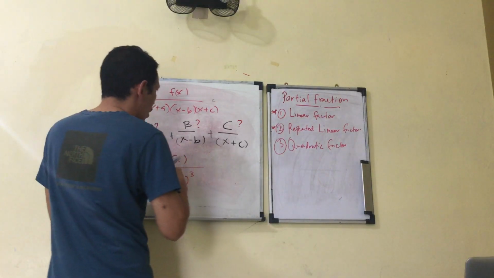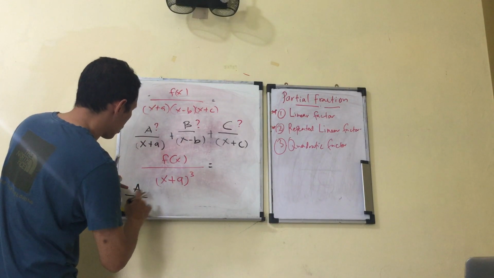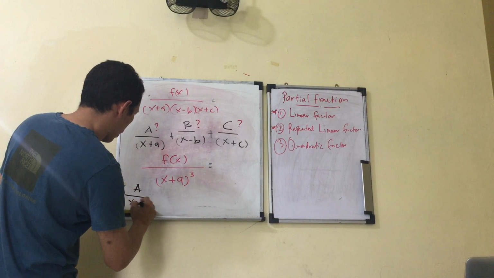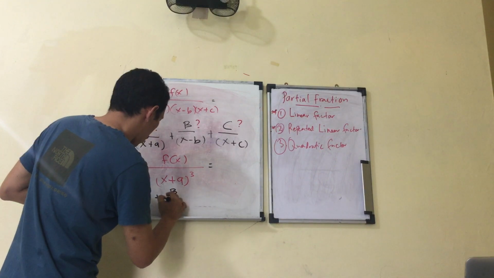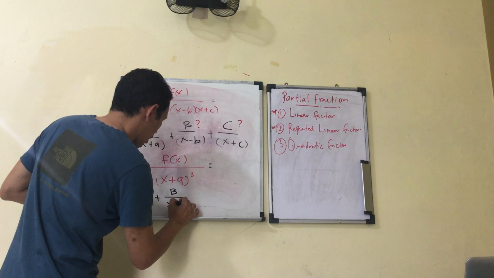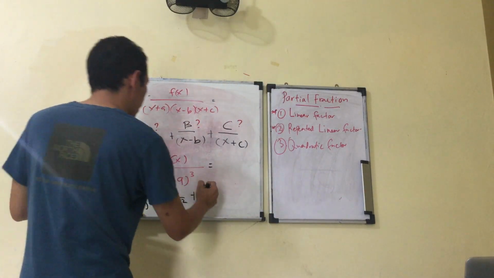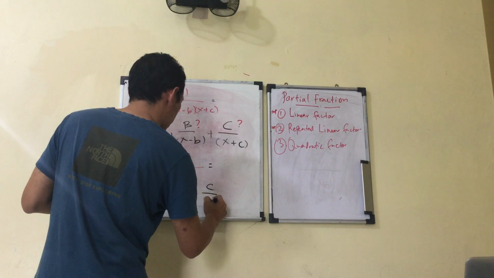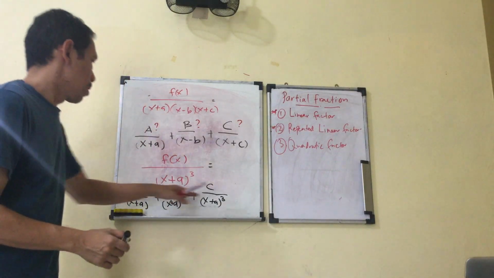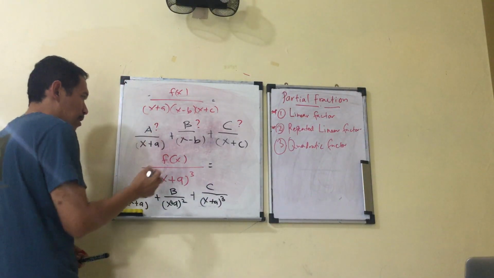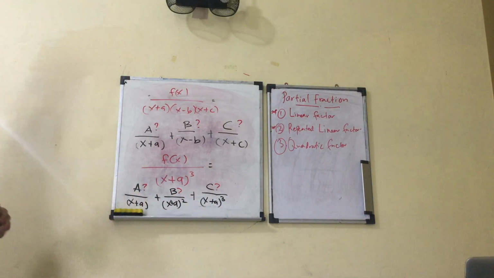The solution for this one will be A over x plus a, plus B over (x plus a) squared, plus C over (x plus a) cubed. That is the type of solution that you can find, and again you should find the value of A, B, and C.